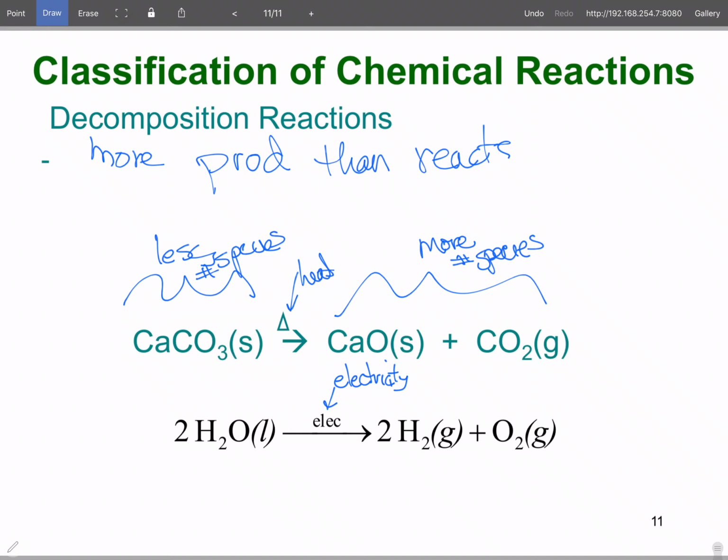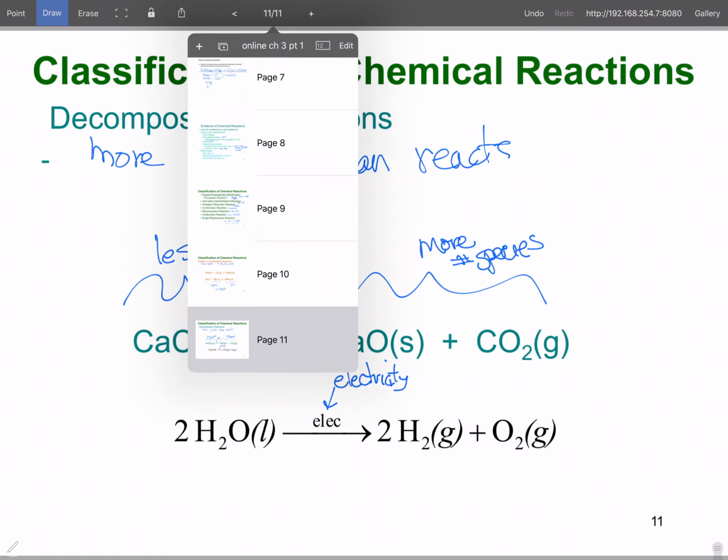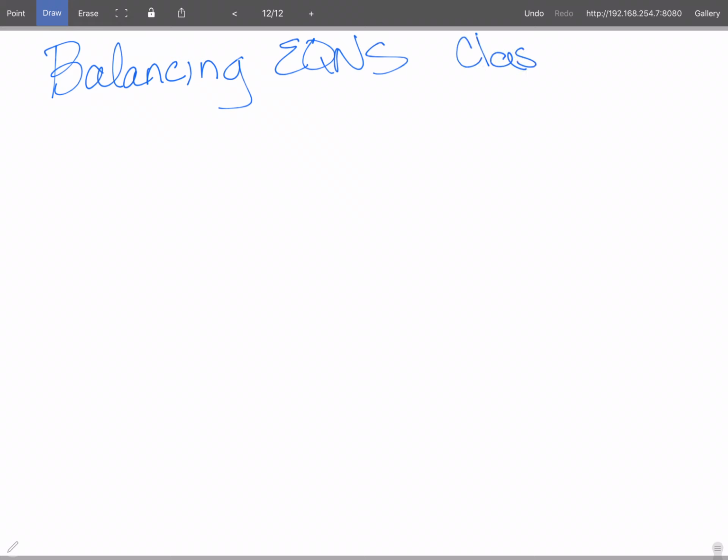Okay, so you may be asked to classify equations as we go. I forgot to re-put in the balancing, but I'm going to go ahead and add a slide and just list them so that if you go back and look at the balancing equations, you can classify them. And I don't want to go back and write it in there because that may confuse you with the first part.